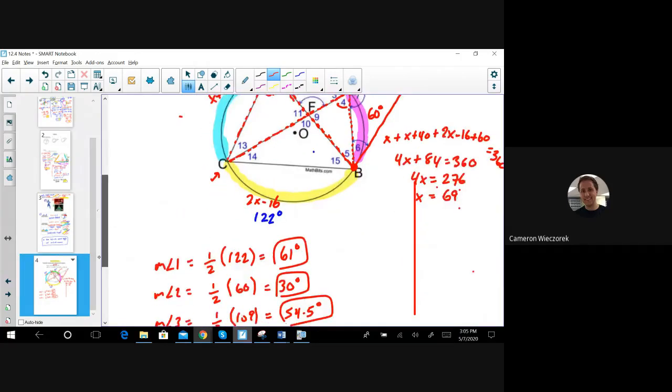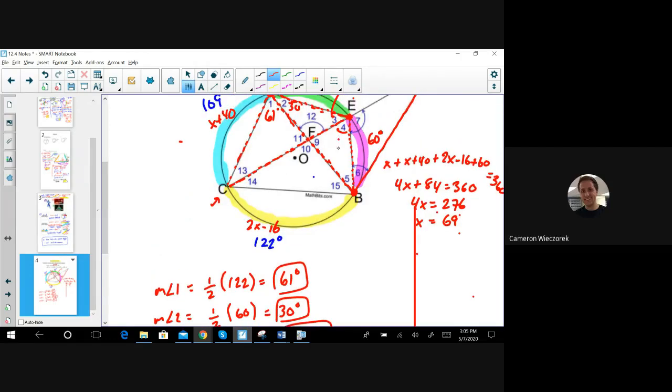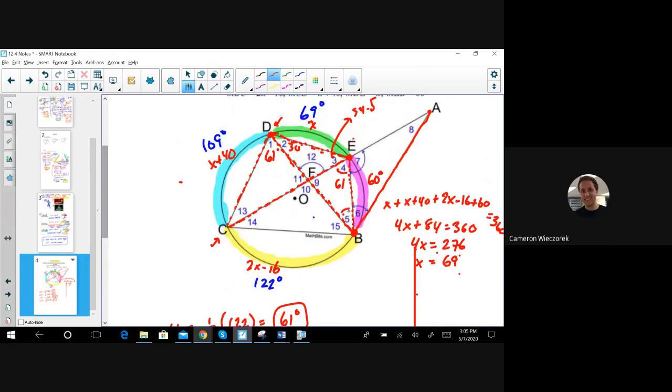So I'm going to cut it in half. Vertex is on the circle. Lots of inscribed angles so far. Half of 122 would be 61. So this one's 61.